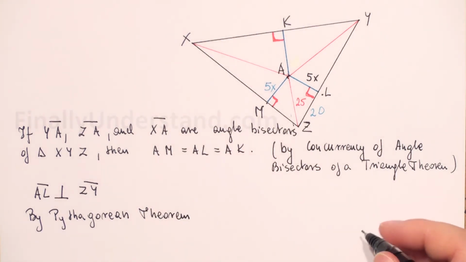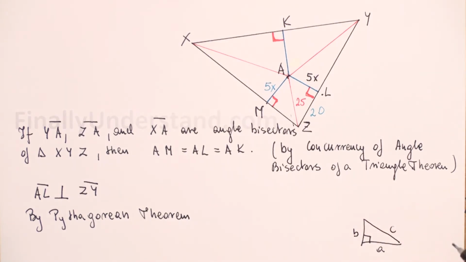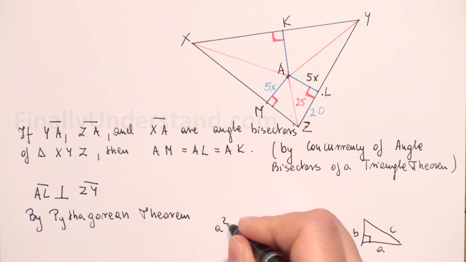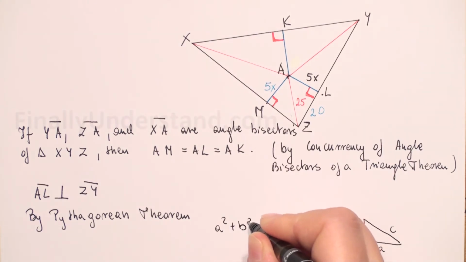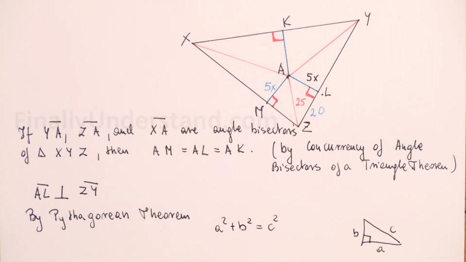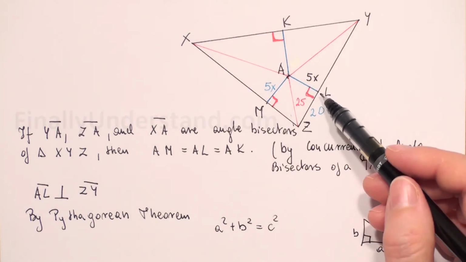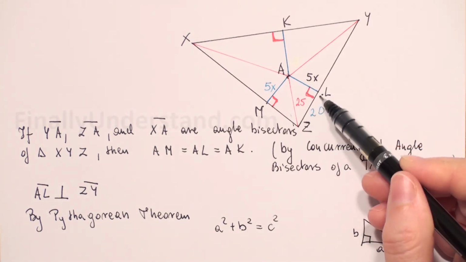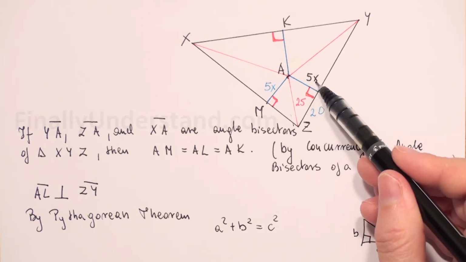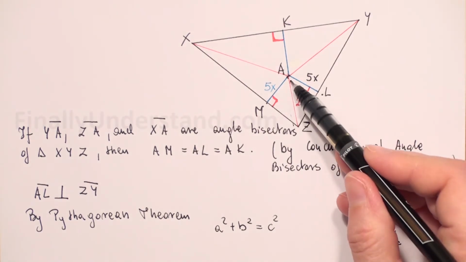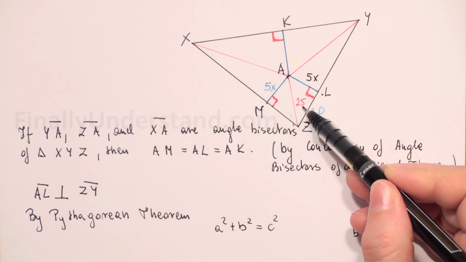Let me remind you, when we have a right triangle with legs A, B and hypotenuse C, then A squared plus B squared is equal to C squared. In our diagram, our legs are 20 and 5x, and the hypotenuse is 25.